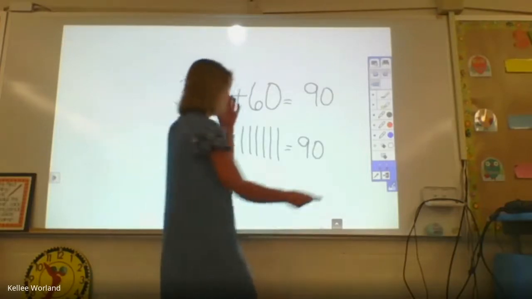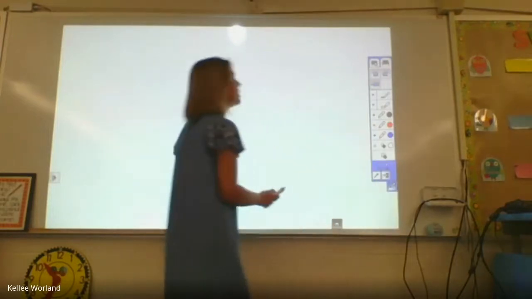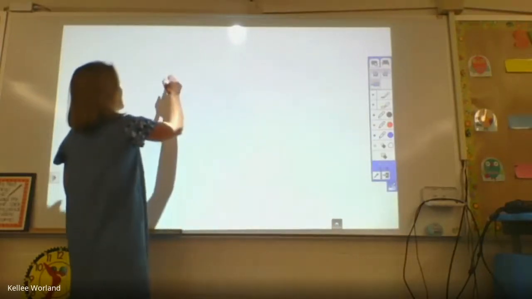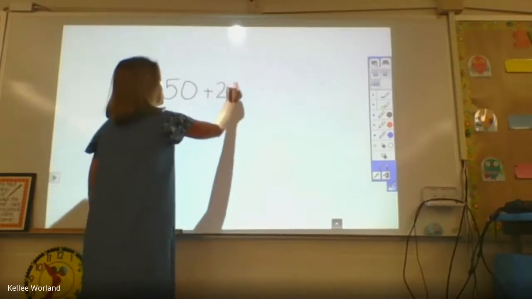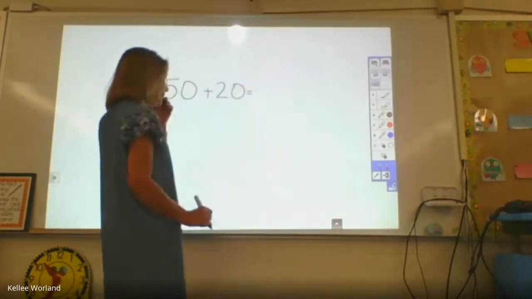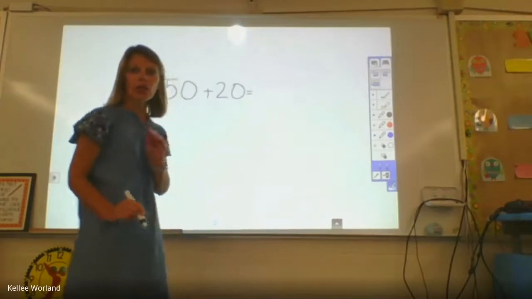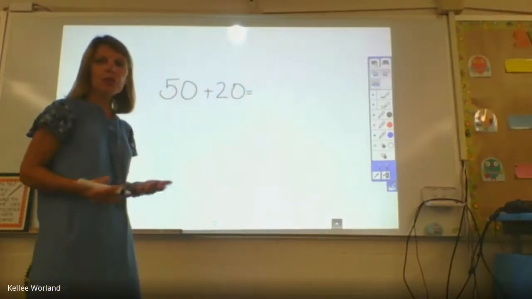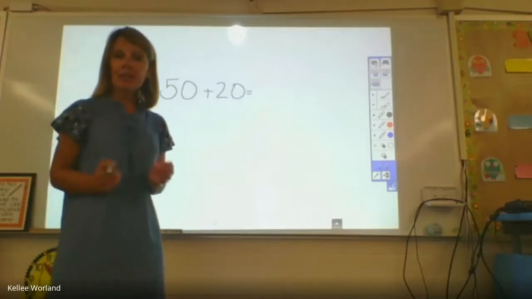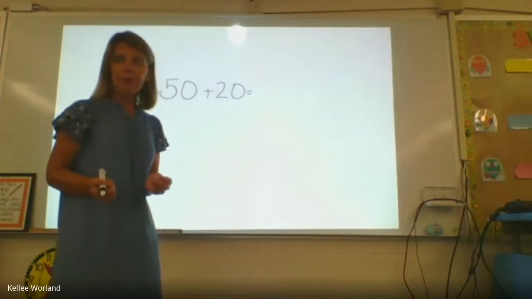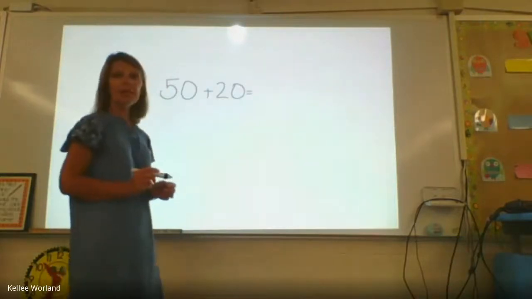Let's try another one. So, let's say we have 50 plus 20. Okay, if you need to, go ahead and put your pause button on. You try to work it, and then we'll explore the answer together. Remember, you do it the easiest way for you. All right, here we go.